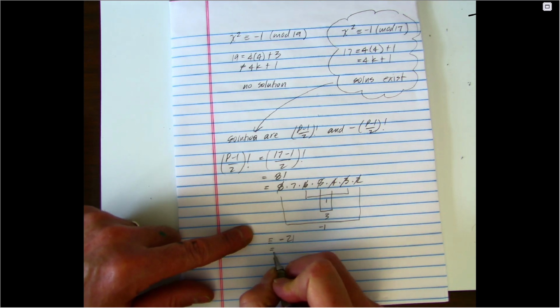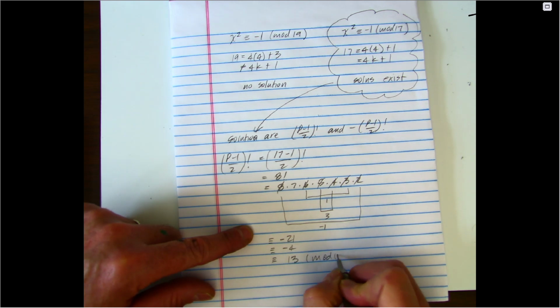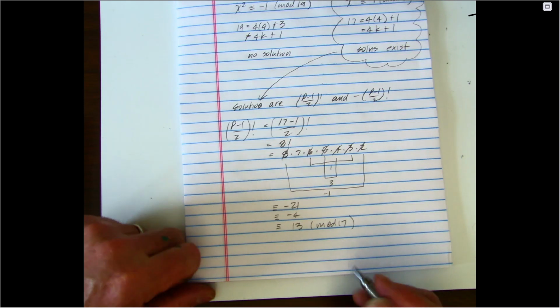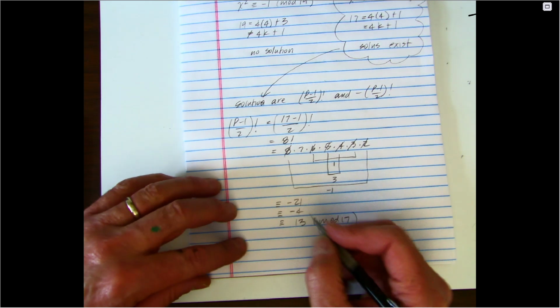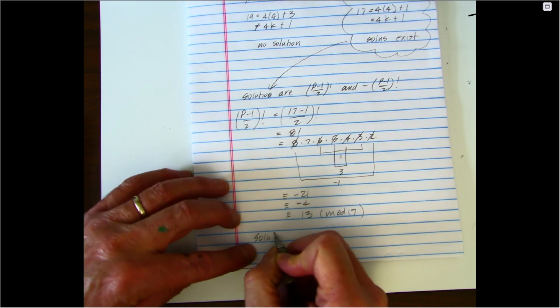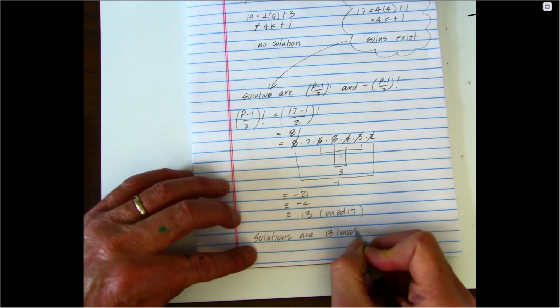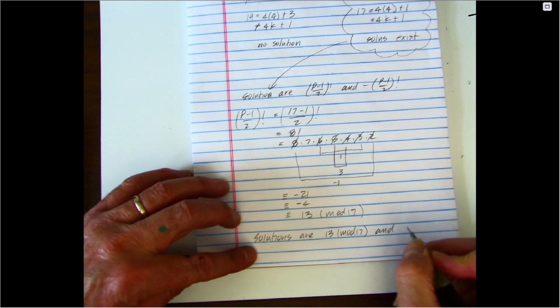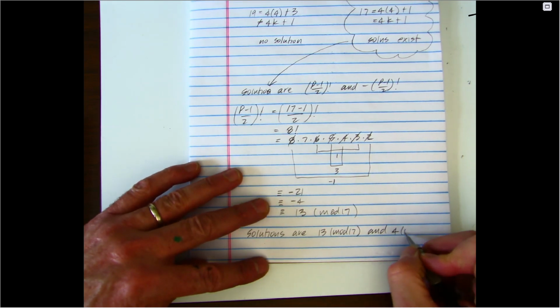Adding 17 again would be 13. This is all mod 17. So 13 mod 17 is one of the solutions, and then the negative of that would be 4 mod 17. So the solutions are 13 mod 17 and negative 13 mod 17, which is just 4 mod 17.